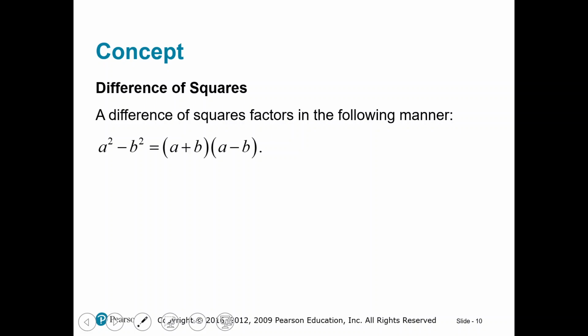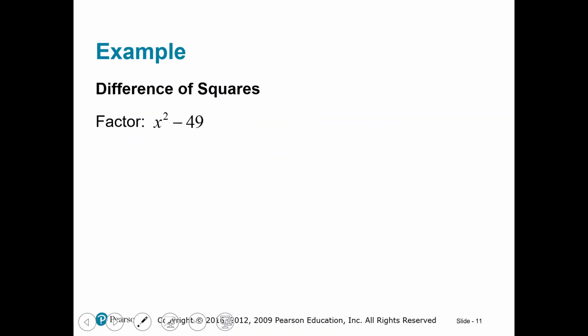Now, the difference of squares, or the difference of 2 squares, a squared minus b squared, is a plus b times a minus b. So for example, x squared minus 49, we can write as x squared minus 7 squared.